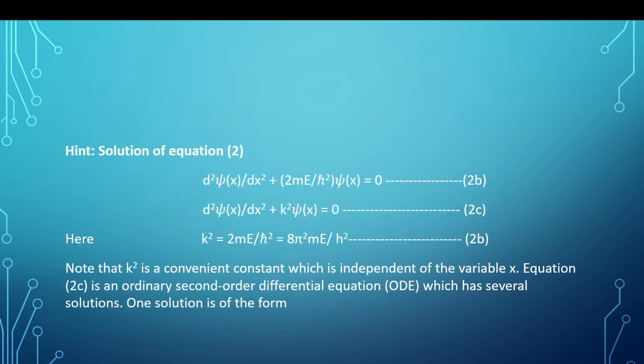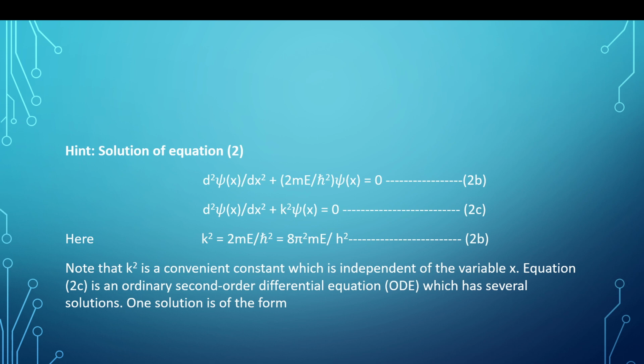Solution of equation 2. So we have written equation 2 here again, and for simplicity, the constant term 8 pi square mE over h square has been collected as k square. So equation becomes in the form of equation 3.